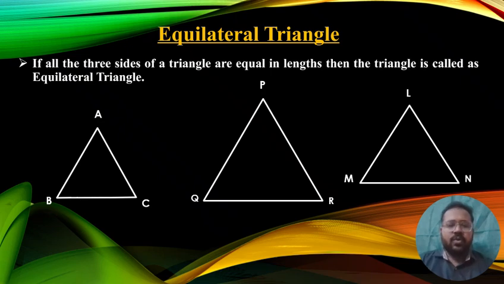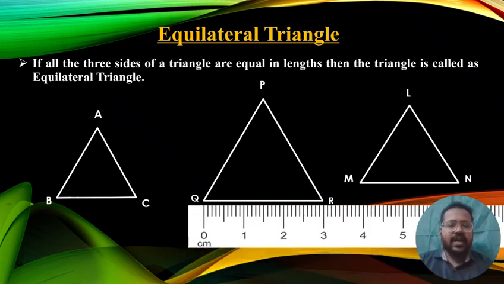Now, let's measure the lengths of the sides of triangle PQR to verify whether all the three sides measure equally or not. For that purpose, let me bring the ruler scale on the board.